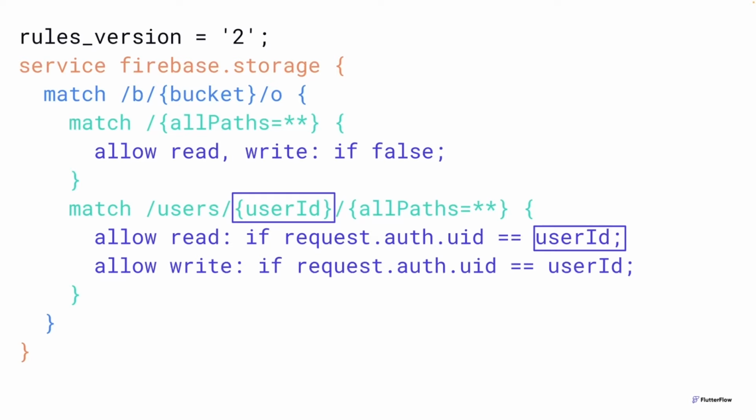For example, request.auth.uid is provided by Firebase, which means any request that is authenticated will have access to this resource if it has a user ID and the user ID is equal to the user ID that we defined in the path. And if it's okay, then the user can perform the operations, which in this case is read and write.